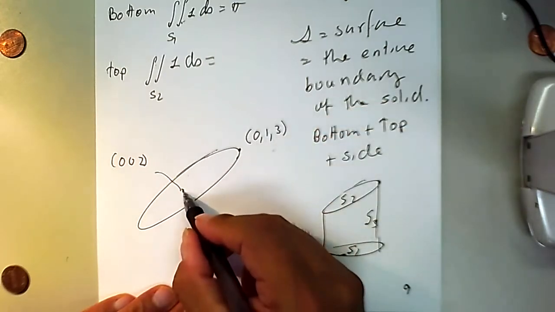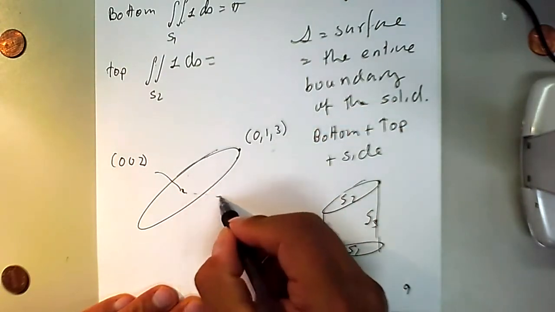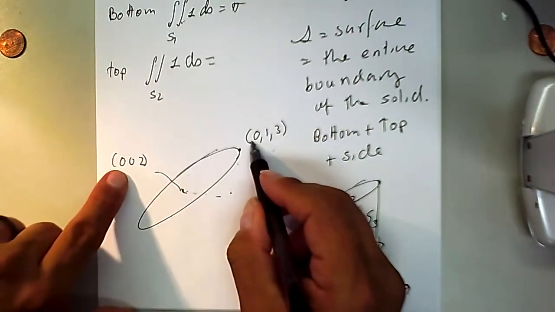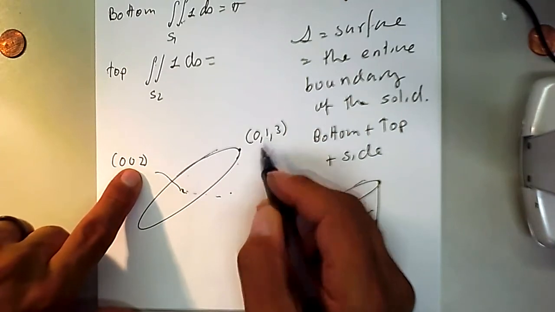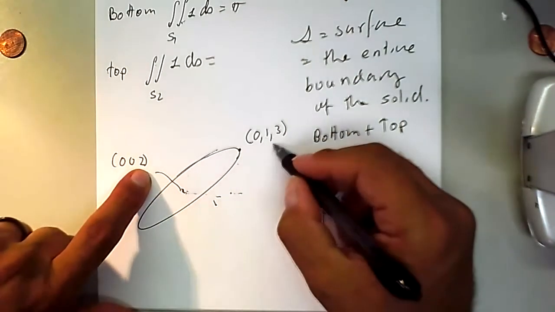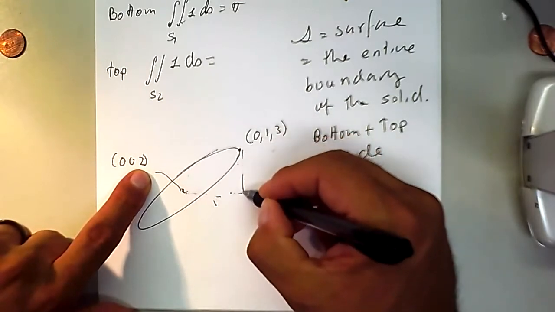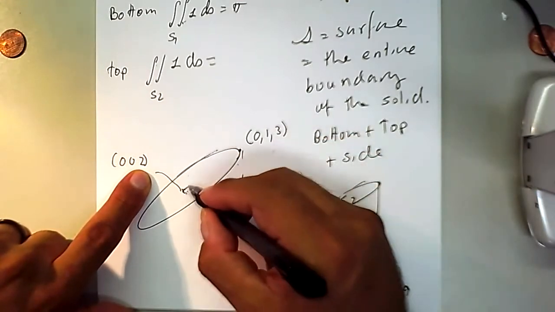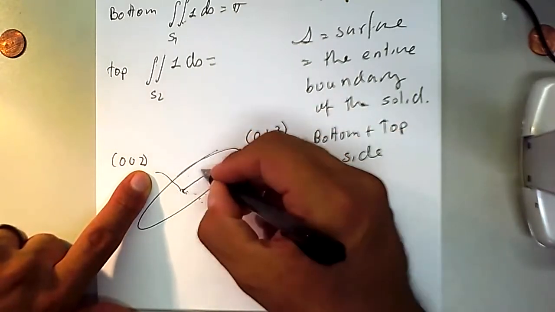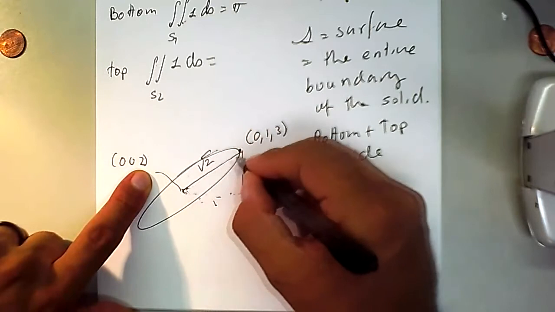So to go from this point to this point, we're going 1 unit because we go from 0 to 1 on the y. So to the right, 1 unit. And then from 2 to 3, we go 1 unit as well. So this distance, because this is a 1-on-1 right triangle, would be the square root of 2.